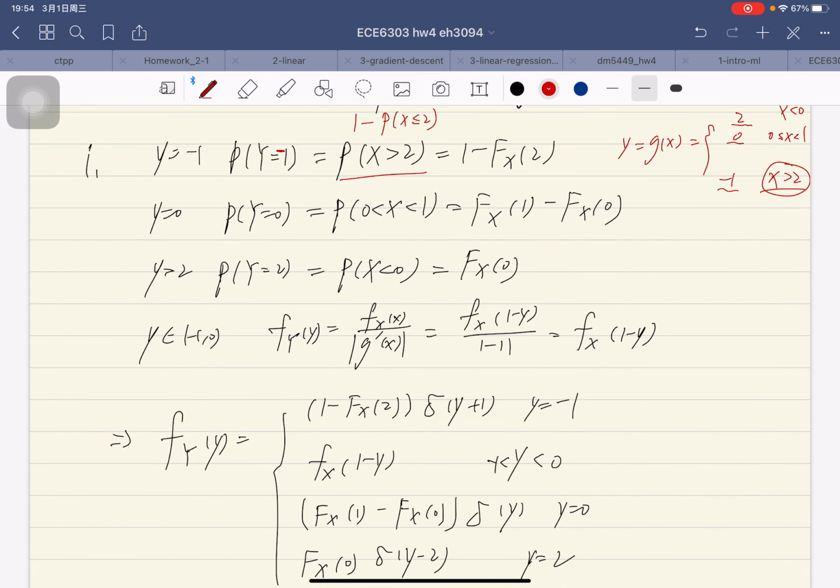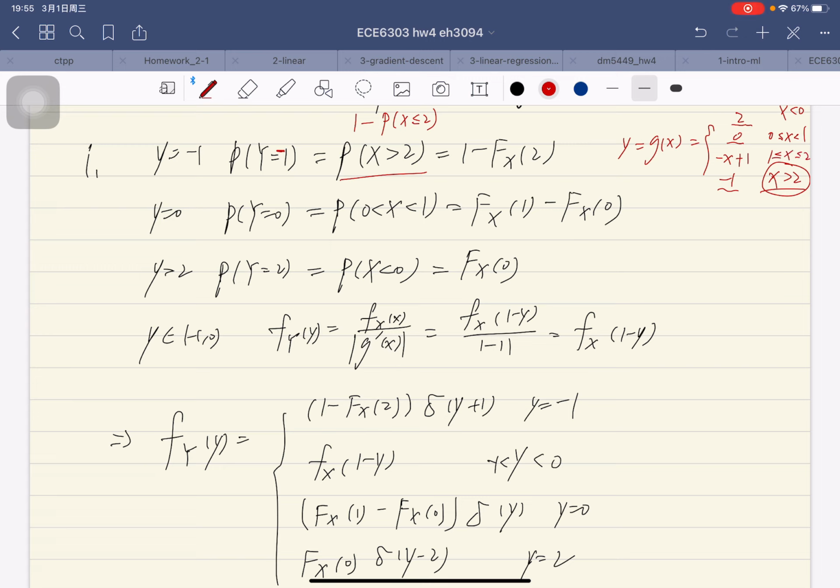While in the -1 to 0 interval of y, we will use the formula that fy equals fx divided by the absolute value of g prime x, and g(x) here is equal to minus x plus 1 when x is in 1 to 2.